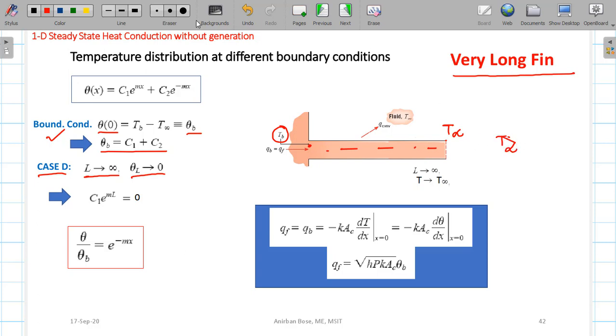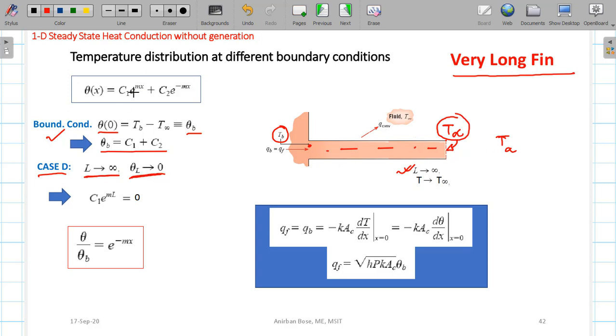If the outside temperature is T infinity, the tip temperature will also become T infinity if the length is very, very long. This is a very important assumption. So for an infinitely long fin, theta_L becomes 0, because theta_L is nothing but T at L minus T infinity, and T of L becomes the same as the fluid temperature.